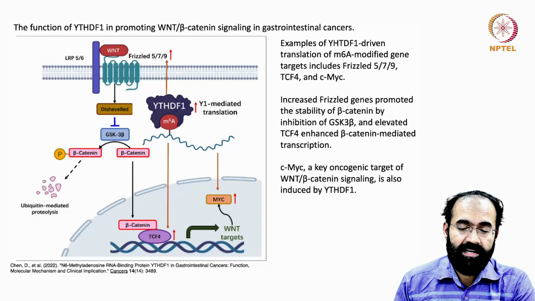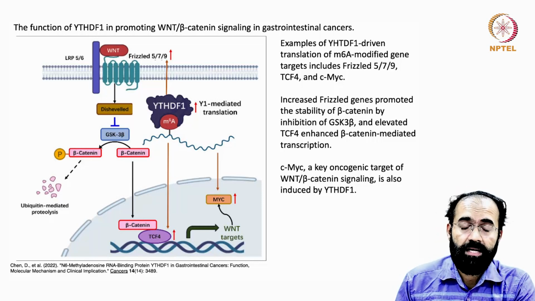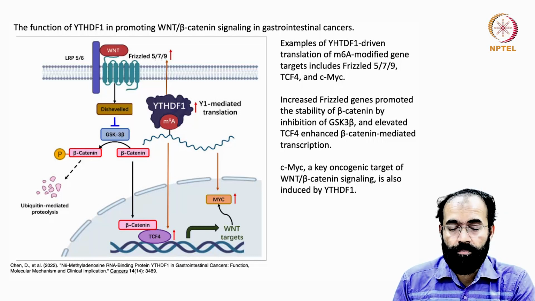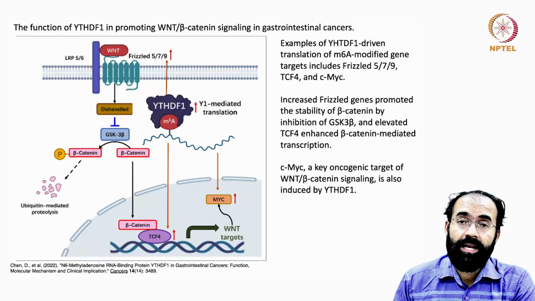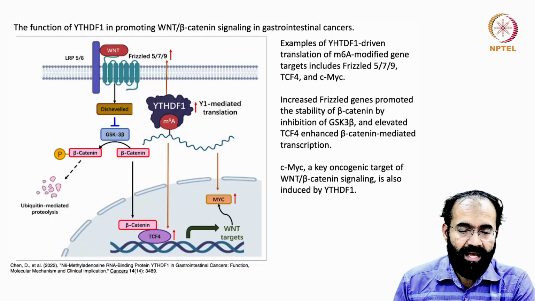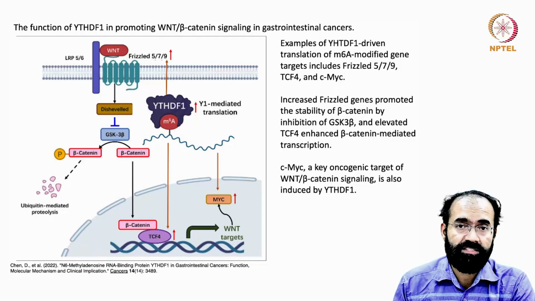So one of the Wnt target genes is MYC, and this MYC is often considered a proto-oncogene, which is important for the activation of various proliferative pathways. So now how does the modification come into the picture? If you have the RNA of the Wnt target gene in the nucleus, all the Wnt target genes are made in the form of RNA, and that will be pushed into the cytoplasm.